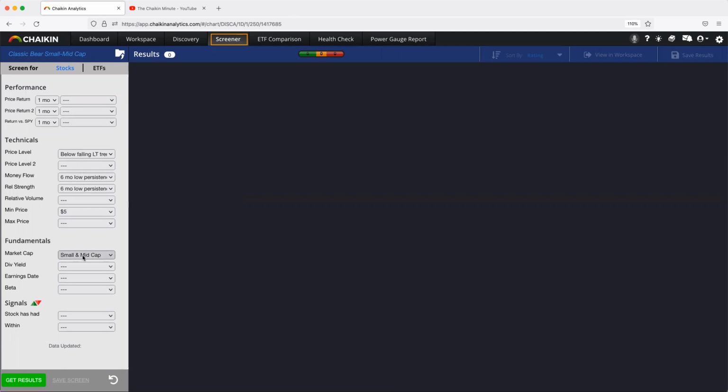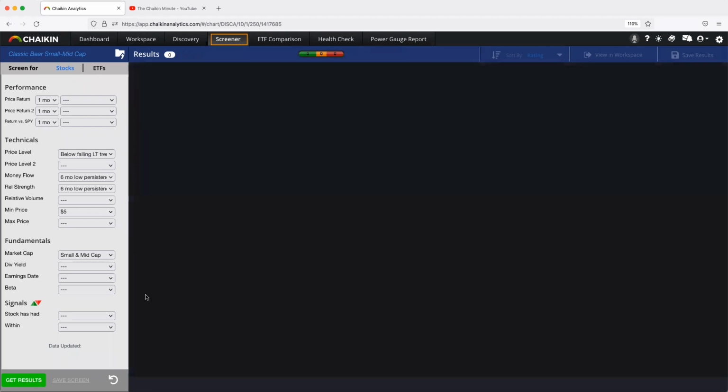Now, it is likely that we are going to get more results by choosing this, not only because we're looking at more stocks, but also because of the outperformance of large caps recently, as opposed to small caps, which have significantly underperformed as of this recording for a number of months.